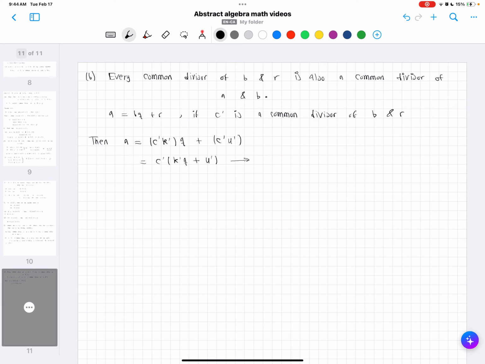So that means that C prime divides A, and it divides B.